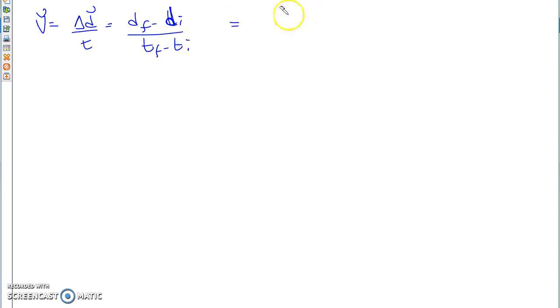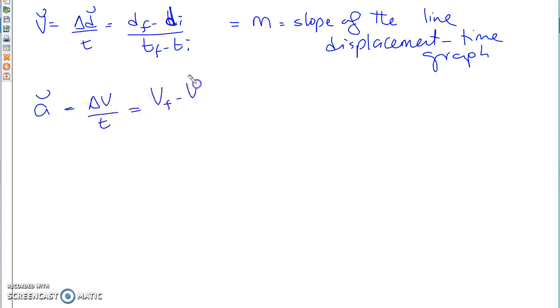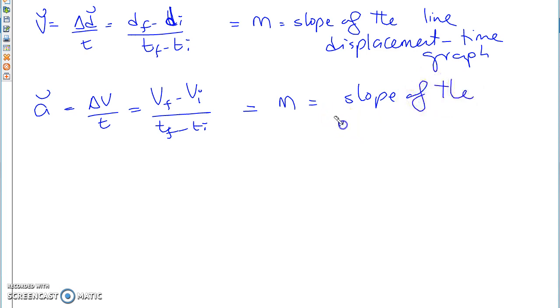Now, of course, this is what we said was the slope of the line of the displacement time graph. As I said, you don't have to copy this down because we already copied it 2 minutes ago. And for acceleration, we said this: delta v divided by t, which is v final minus v initial divided by t final minus t initial. And this, of course, is the slope of the line of the velocity time graph.